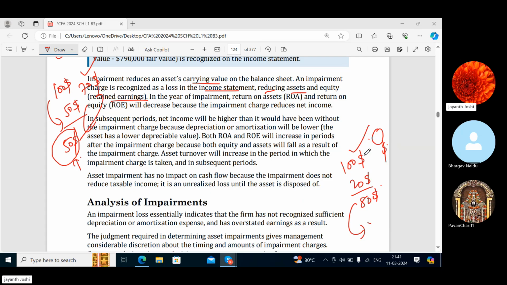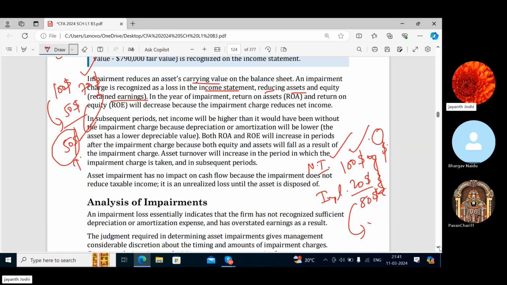Now your asset was $100, now your asset is $80. Oh, sorry, this is the income statement, right? Your net income was $100 before any impairment loss was recognized, and now the impairment loss is $20. Your net income after adjusting for impairment loss is $80.